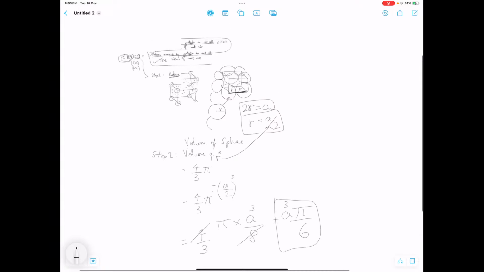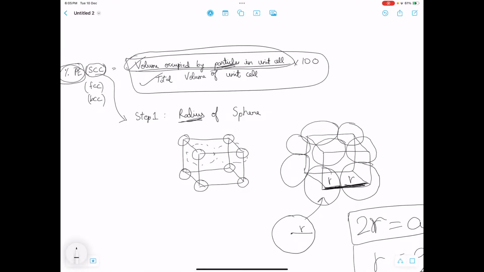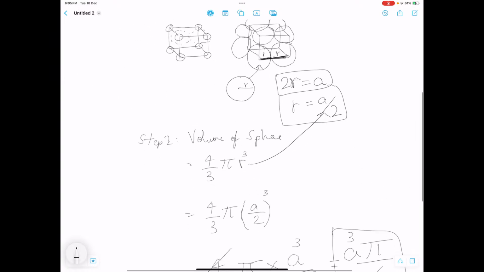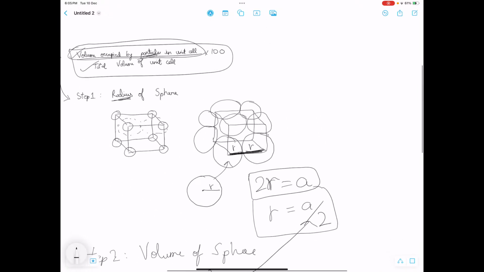Now we have found the volume occupied by particles in the unit cell. Before that, there is an important thing to understand.